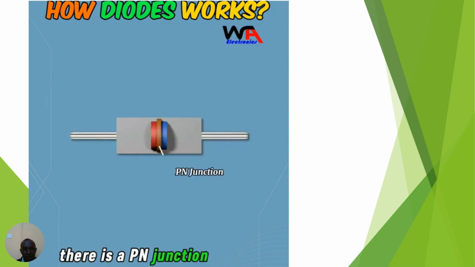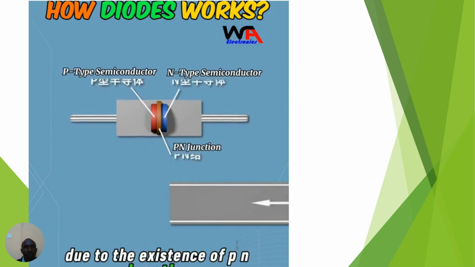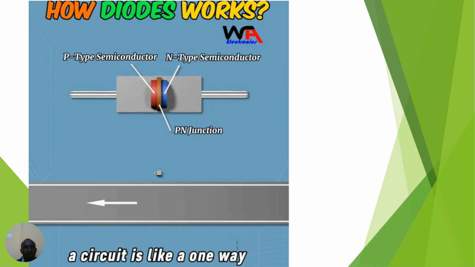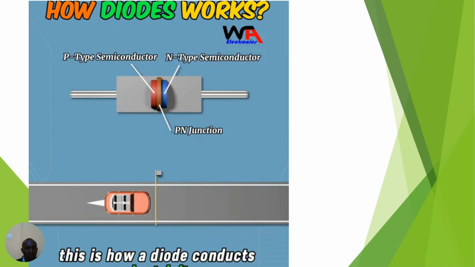There is a PN junction inside the diode, composed of P-type semiconductor and N-type semiconductor. A diode circuit is like a one-way street on a car road. Current is not allowed to flow backwards, otherwise the driving license will be revoked. This is how a diode conducts electricity in one direction.